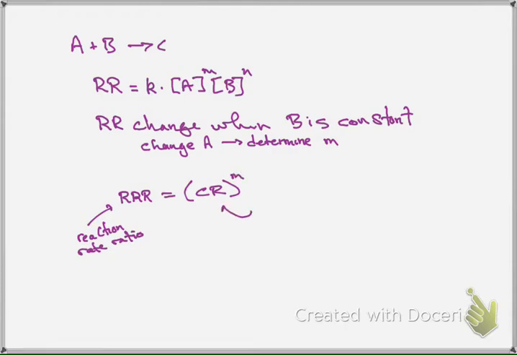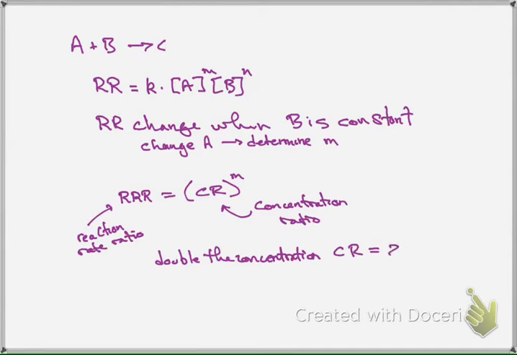Raised to some power is a concentration ratio. So if I doubled the concentration, then the concentration ratio would be 2. That would be doubling it, right? That's the ratio.